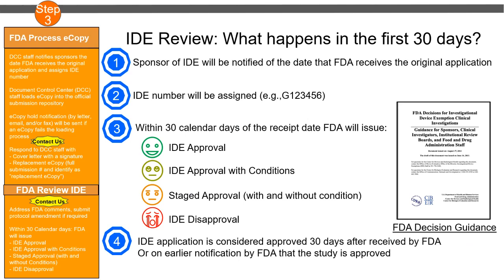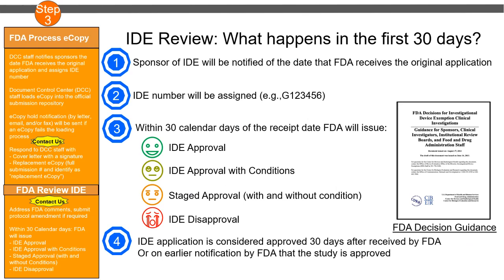There is a 30-day review period for the IDE application, similar to the IND. As a first communication, the FDA sends out a newly assigned IDE number. When the IDE application review is complete, one of the following outcomes is likely. Approval. Approval with conditions.